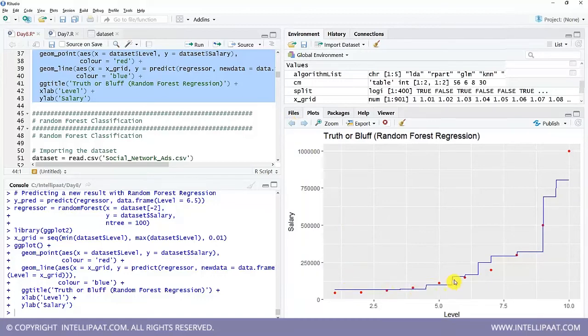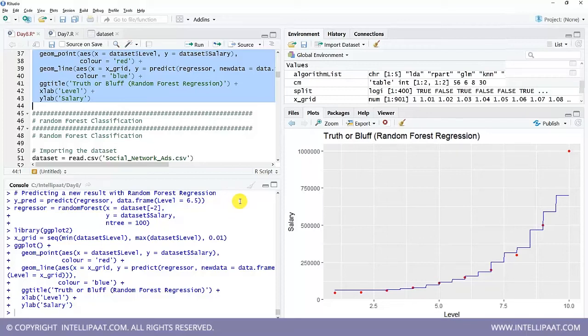If there are 1, 2, 3, 4, 5, 6, 7, 8, 9, 10 steps here, and in our latest graph, 1, 2, 3, up to 15, there are 15 steps. So earlier we used 10 trees and now we are using 100 trees. What does this mean? Do you think the more number of trees, the more number of steps?